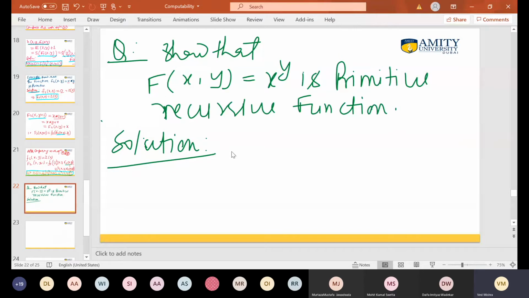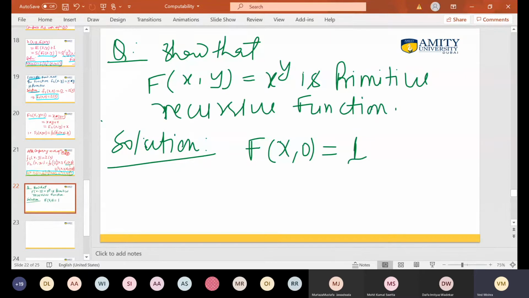Who will tell me the first step of this? Anybody who could complete, tell me the first step. First step is f(x,0), what will be the value? 1.